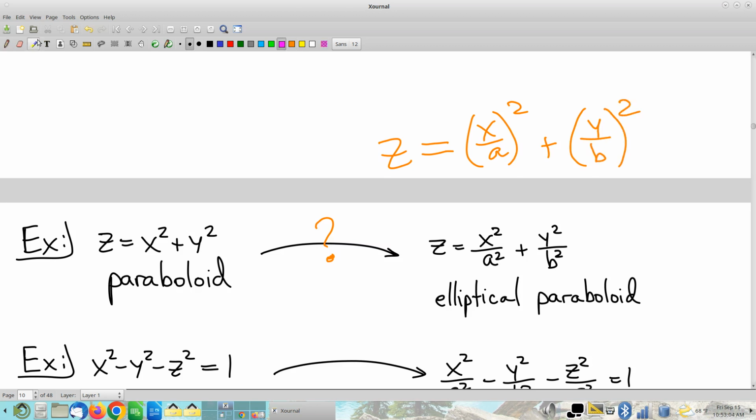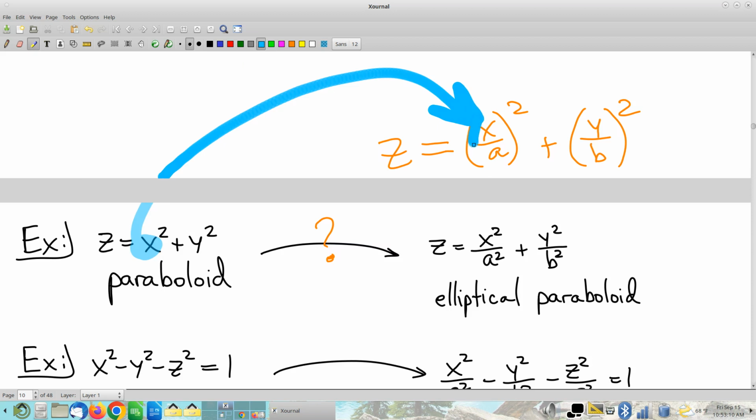So, in fact, everywhere I had an x, what it gets replaced with is x over a, not x over a squared. Right, so do be careful about that. You got to worry about the algebra, the devil's in the details, and this little detail devil does sting the occasional student. So do be careful. Likewise, y gets replaced with y over b and all that.